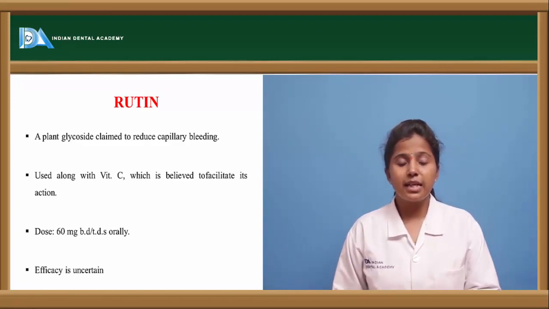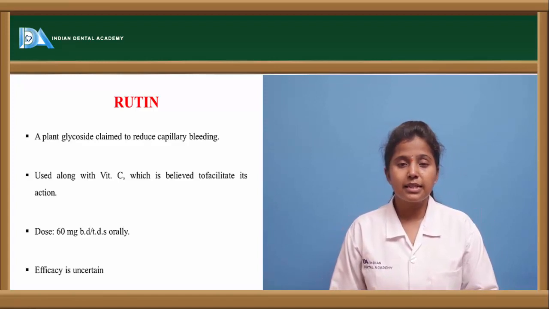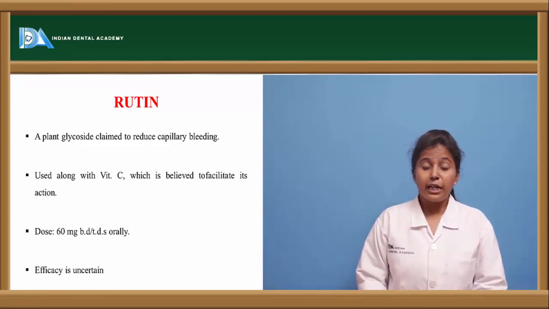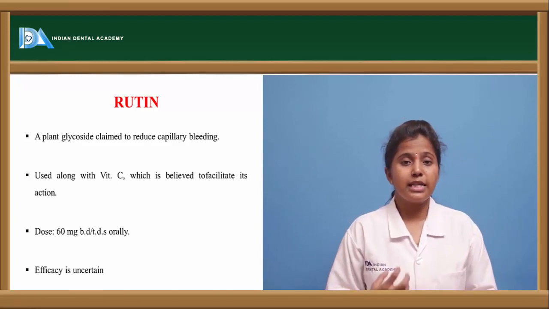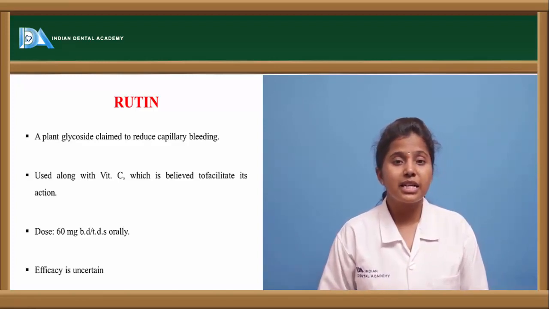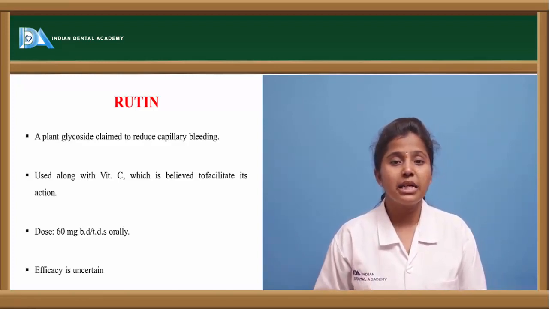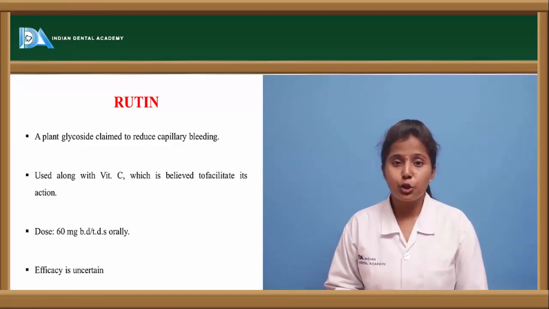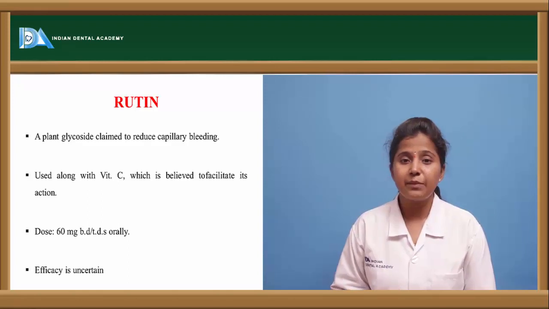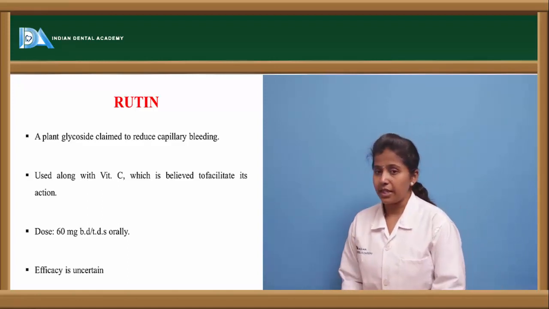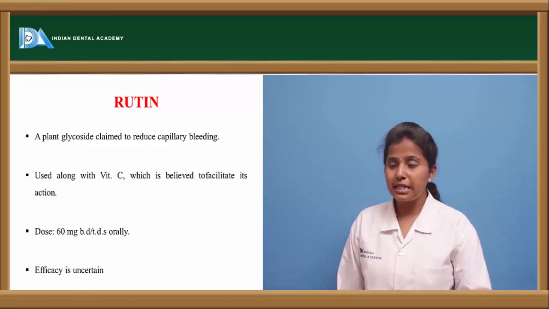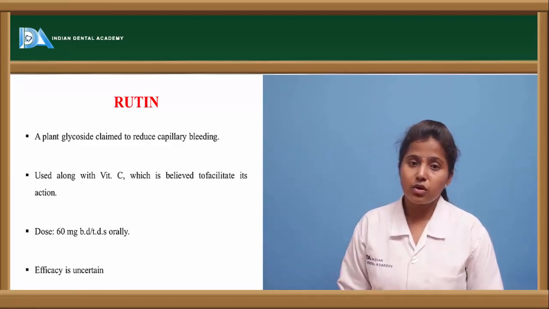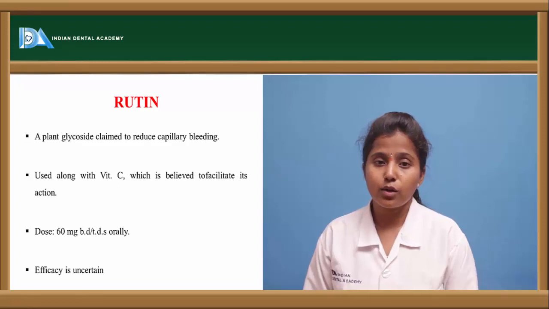So if there is any excessive bleeding in the capillaries, then rutin will reduce the capillary bleeding. It has higher efficacy when it is administered along with vitamin C, or rather it shows a synergistic effect with vitamin C. The recommended dose is 60 mg orally, and the efficacy of this particular drug is also uncertain.